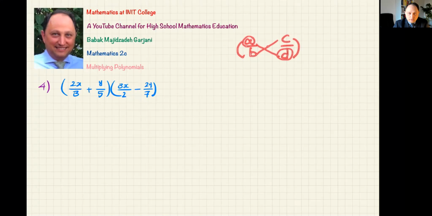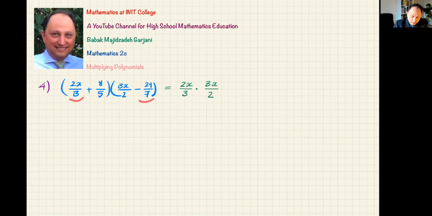I always tell you that in algebra, it is much more efficient to do this first and then continue. Okay, so this is why, if you don't mind, let me write this explicitly. So 2x over 3 multiplied by the first one, 3x over 2. Yes? And the next one is this one multiplied by that one. So this is positive, this is negative. So then the answer would be negative.